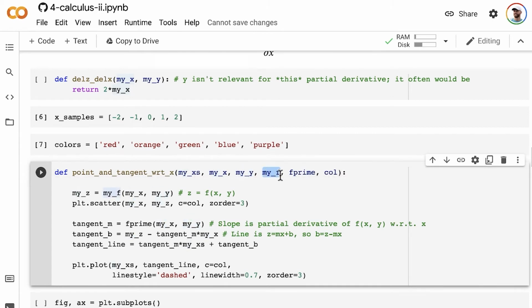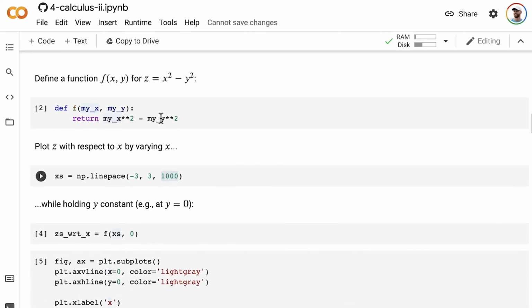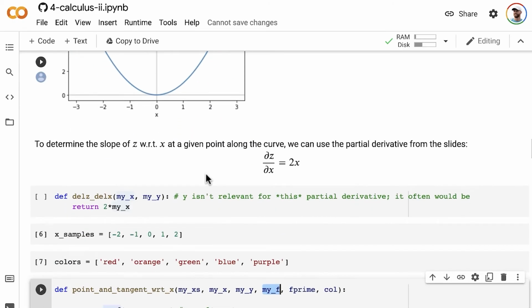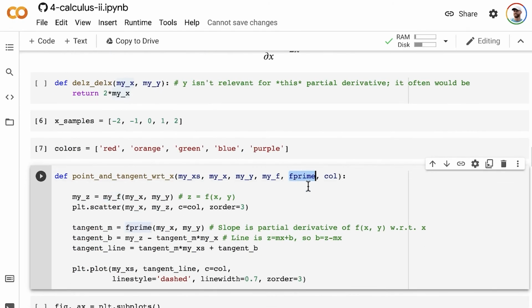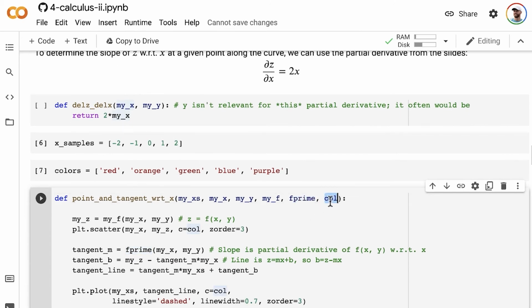We pass in our function, which is that function f that we defined earlier, x squared minus y squared. And we also have our f prime, so our derivative of interest, which is del z del x, this function here. And then we're also going to have a unique color for each one of our point and tangent lines. So, red, for example, for where x is equal to -2.